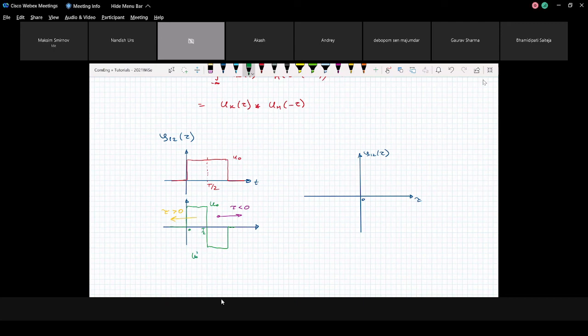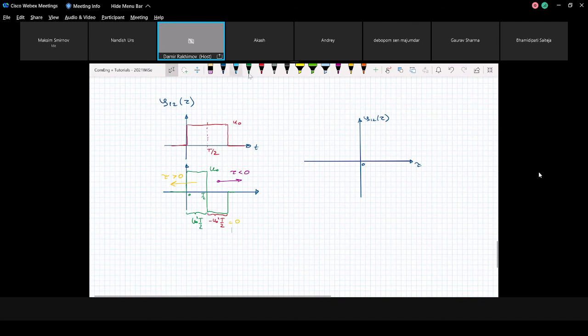For the second half, you have a positive amplitude for the second part of the first signal and a negative amplitude for the second part of the second signal, so minus U0 squared T/2. Combining these two parts, the result equals 0 for delay equal to 0.